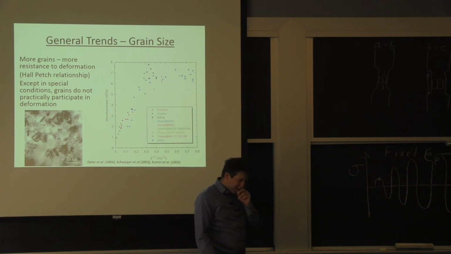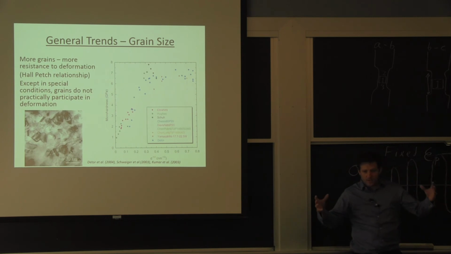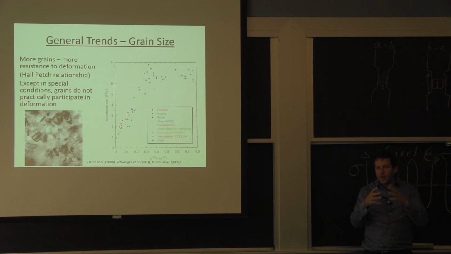Now, having said that, I think we can all appreciate that if I make the grain smaller, there's just a lot less room for the dislocation to move with respect to the other in that grain. So grain refinement essentially confines this system of dislocation more.